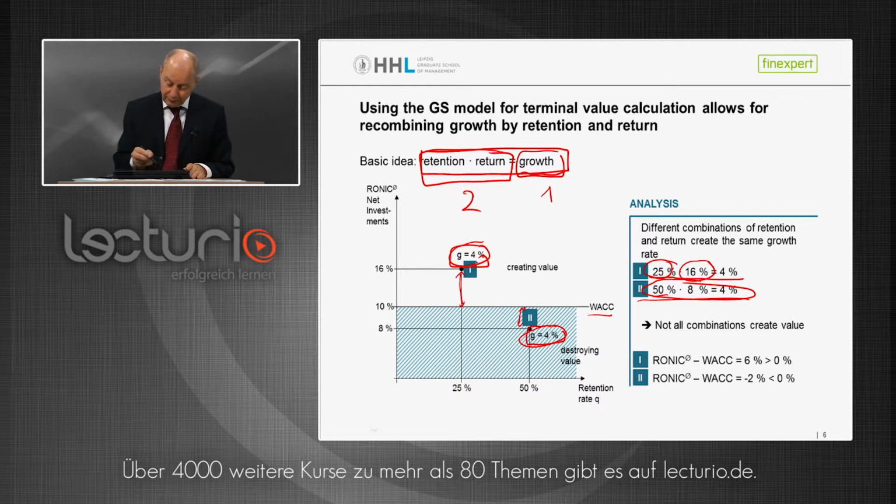So you see that both growth rates are equal to each other, but both are created by significantly different combinations of retention and return. And so you see that the growth rate alone is not telling us whether we are creating or destroying value by growing.